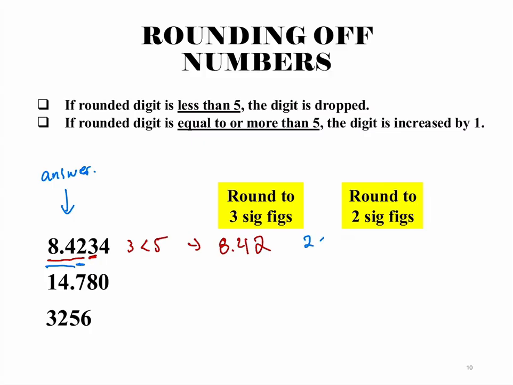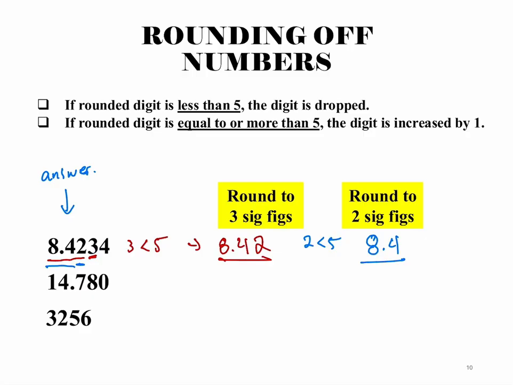So 2 is less than 5, so we get 8.4, our answer rounded to 3 sig figs and 2 sig figs. Right, so why don't you guys do the last 2? We'll do that, and then we'll take a 5 to 6 minute break. We'll come back and we'll take attendance and then continue.